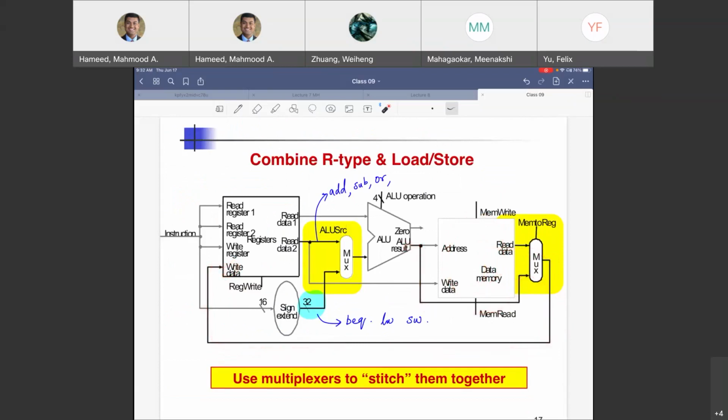For add, it is coming from the ALU, right? For load word, it is coming from the memory. So I have another mux here, and I have a control, memory to register. One of them goes through, one of them goes through.